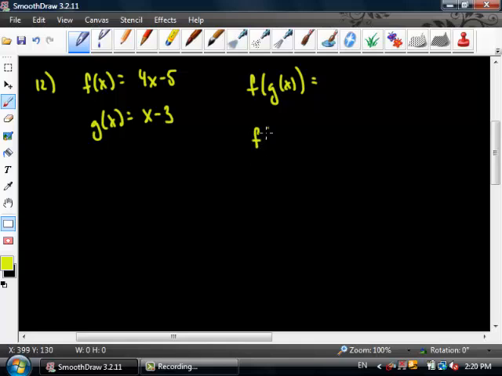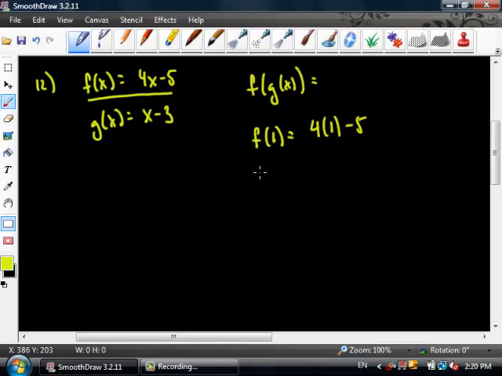If I asked you for f of 1, what would that look like? This is the f function, right? So what's f of 1? 4, plug in a 1, minus 5.